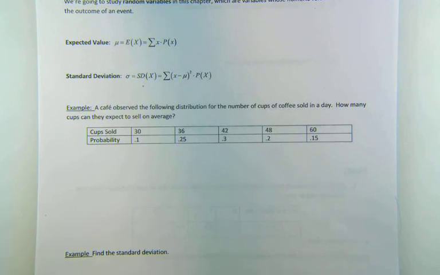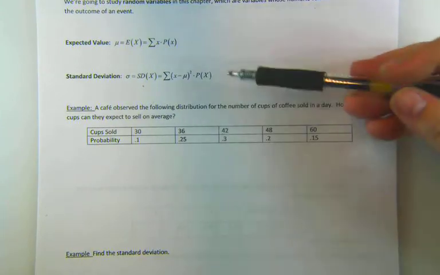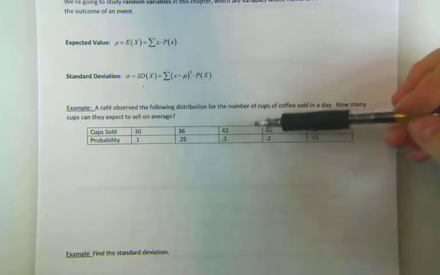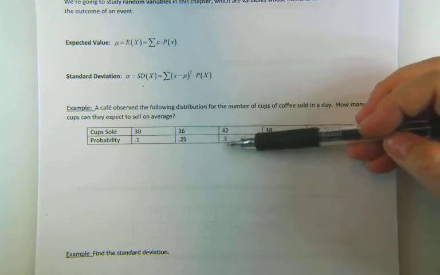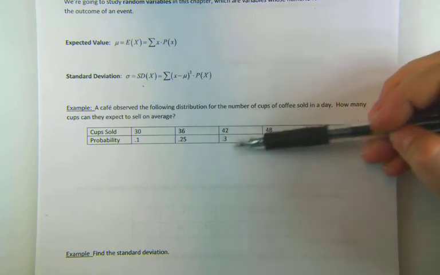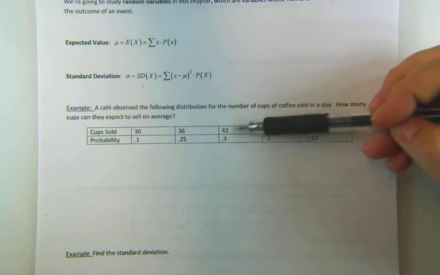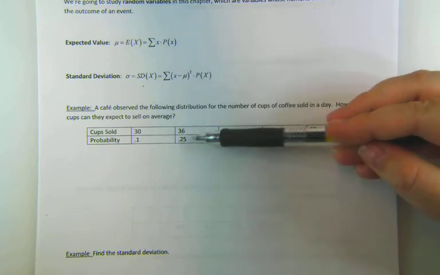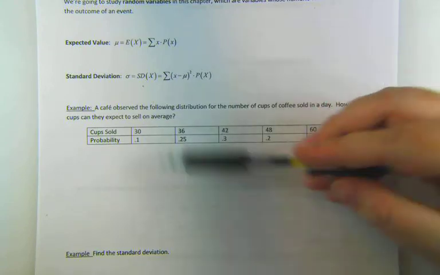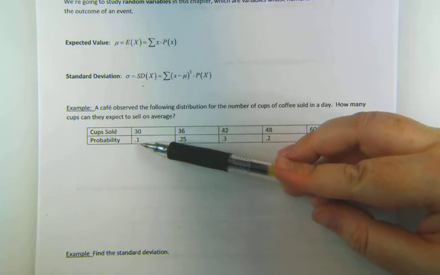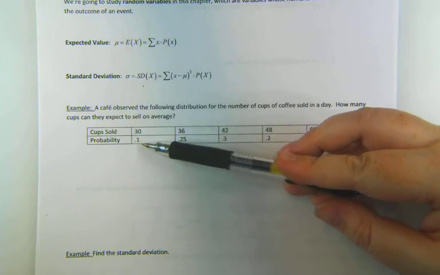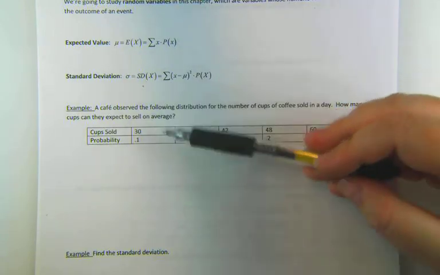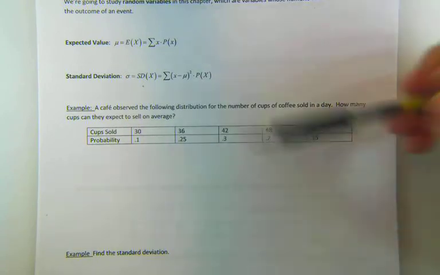So with that, how we calculate the mean and standard deviation here changes, because when we calculate the average and our standard deviation, we want to give more weight to the things that happen more often. So we'd want this 42 to hold a lot of weight. Same with this 36 up there as well. But where this 30 occurs, we don't want that to overpower the calculation of the mean, because it only happens 10% of the time.